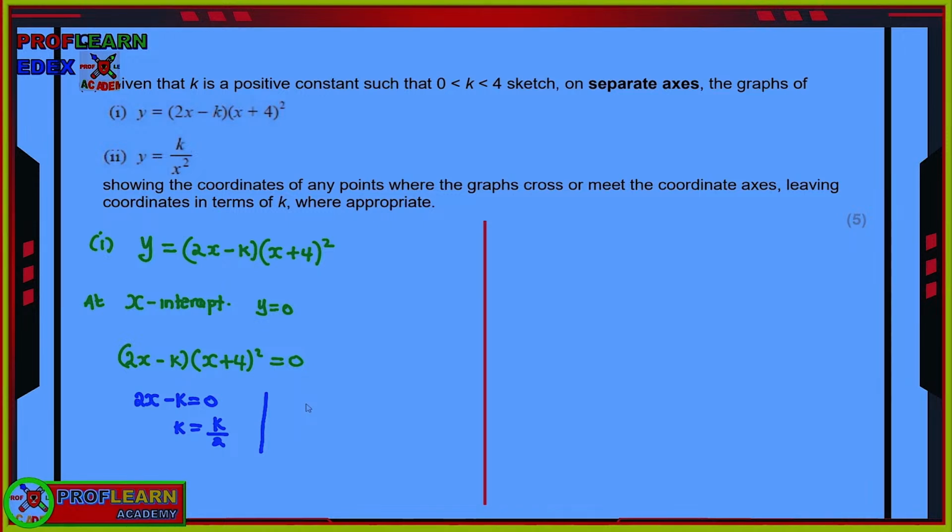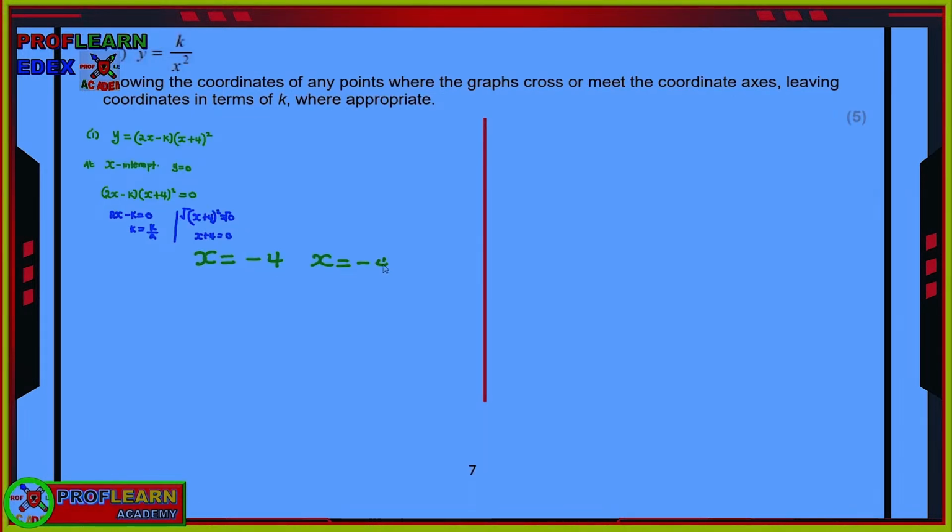Taking k to the other side, we shall have x = k/2. The second value of x is going to be what? x is negative 4. There we have repeated roots at that given point. That's why you can see x = -4, and the other value of x is x = k/2.